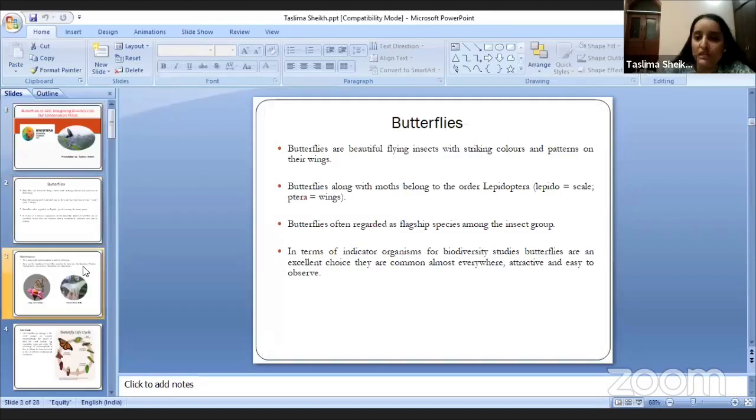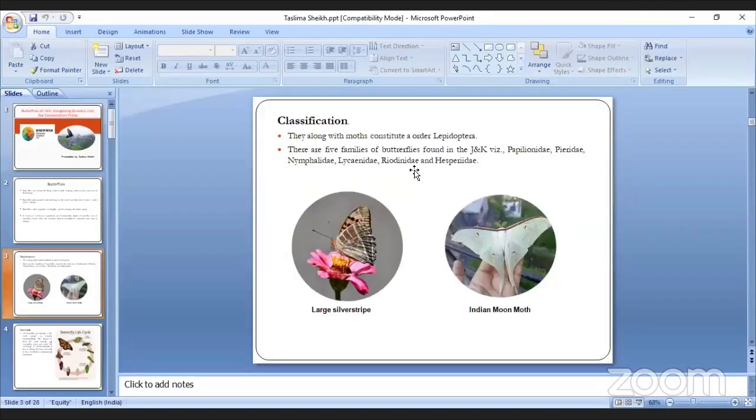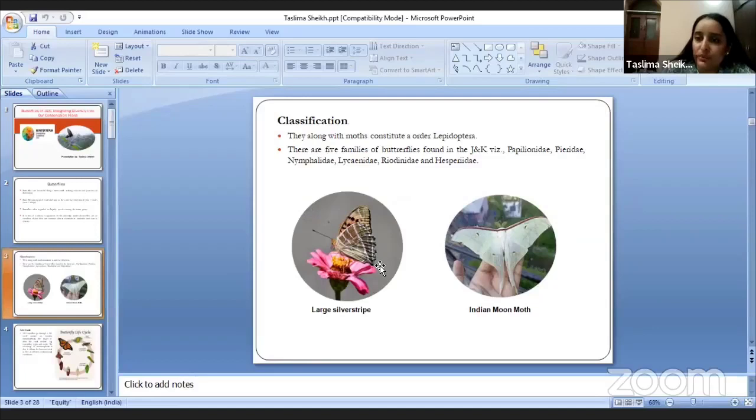So how do we differentiate between butterflies and moths? Here I have shown two pictures. The left one is a butterfly, the right one is a moth. If we look at the antennae, in the butterfly it is club-shaped, and in the moth we can see the feathery antenna.